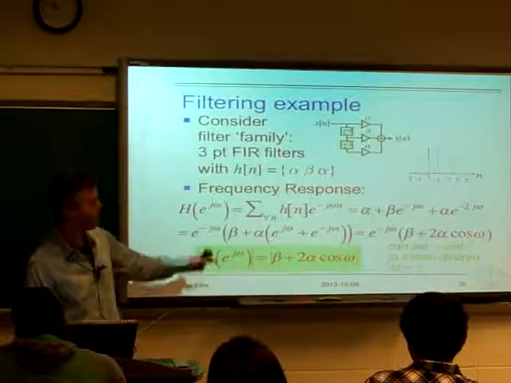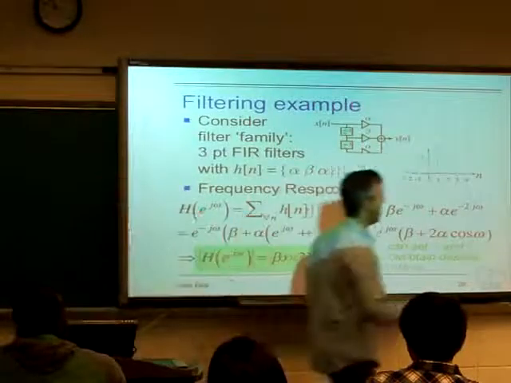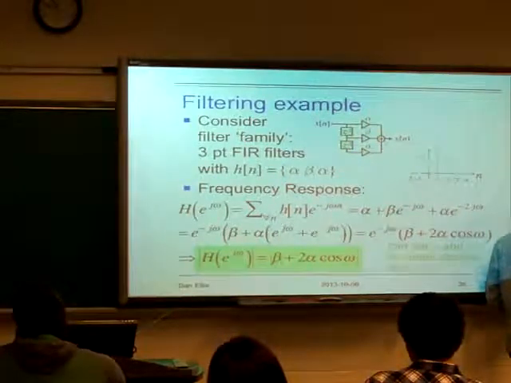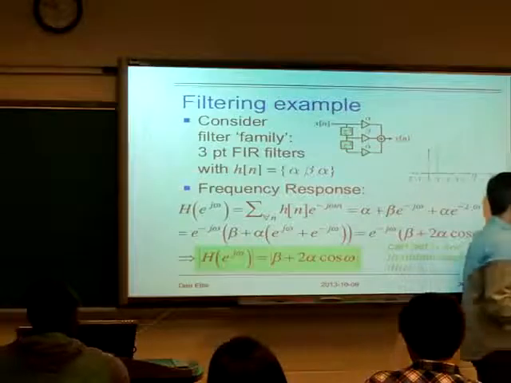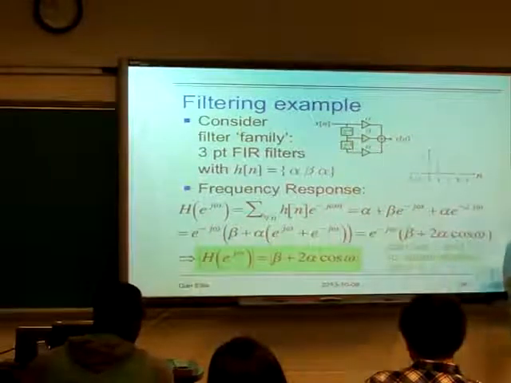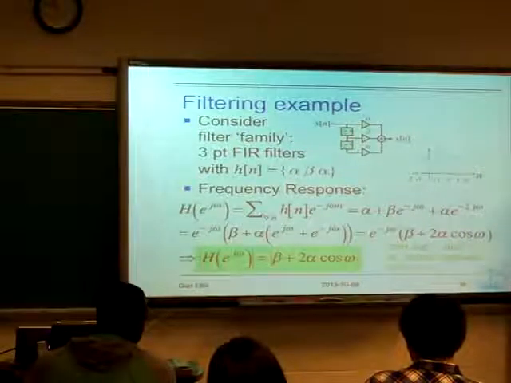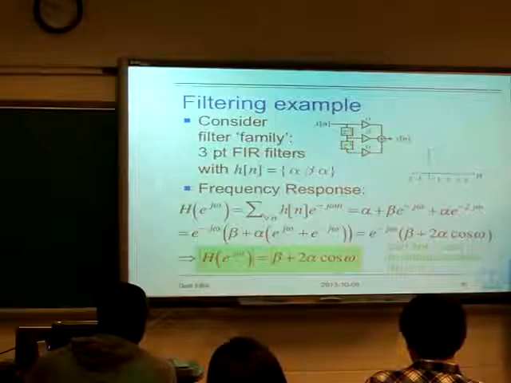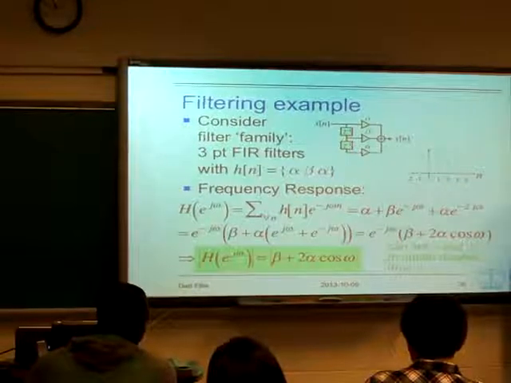Oh, but there's a 2. Sorry, there's a 2 alpha, which I forgot about here. So if this is 6, then we're adding 2 alpha here, so that would be 12-ish. We wanted the gain to be 0 somewhere around here, and this is where 2 alpha is exactly equal to negative beta.